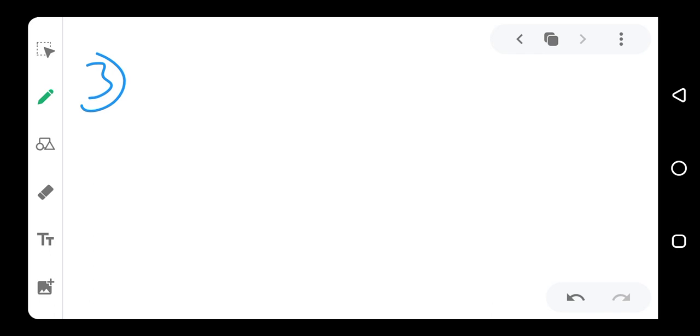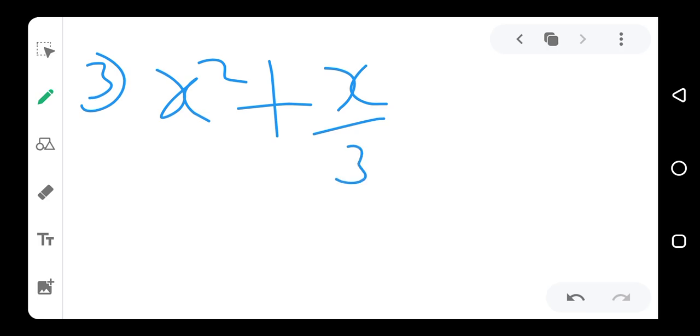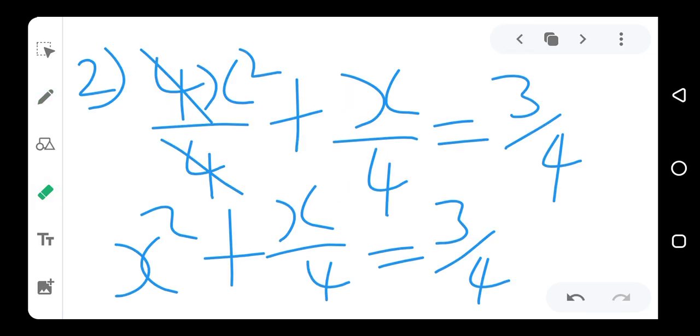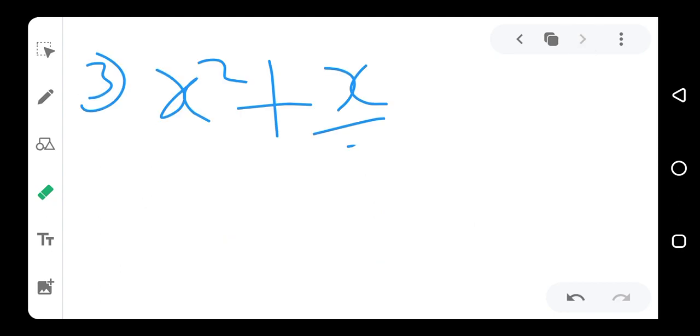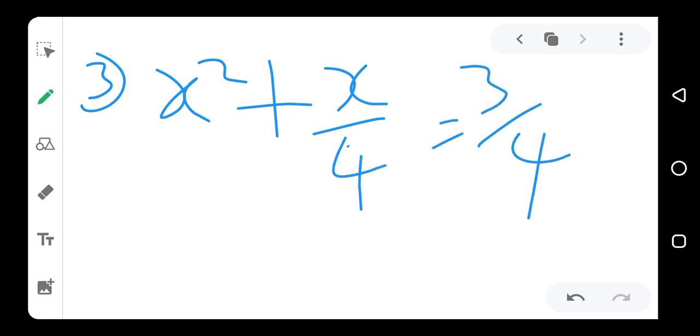So it remains x squared plus x over 4 is equal to 3 over 4. We are not doing any job again because the c has been taken to the right hand side.